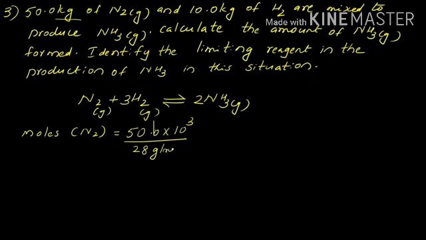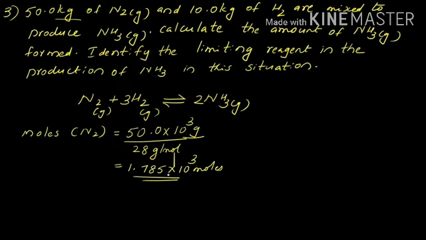What is the unit? Gram per mole. When we calculate it, we will get the number of moles of nitrogen as 1.785 into 10 raised to 3 moles. Now we got the number of moles of nitrogen.